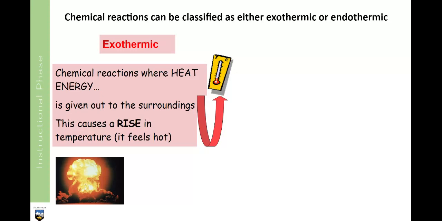And we can test that using a thermometer, and if we see the temperature rise, we know it's exothermic. And exothermic happens when bonds are formed. So when new bonds form between atoms, it actually releases energy. But the main thing I want you to know is exothermic gives out heat.